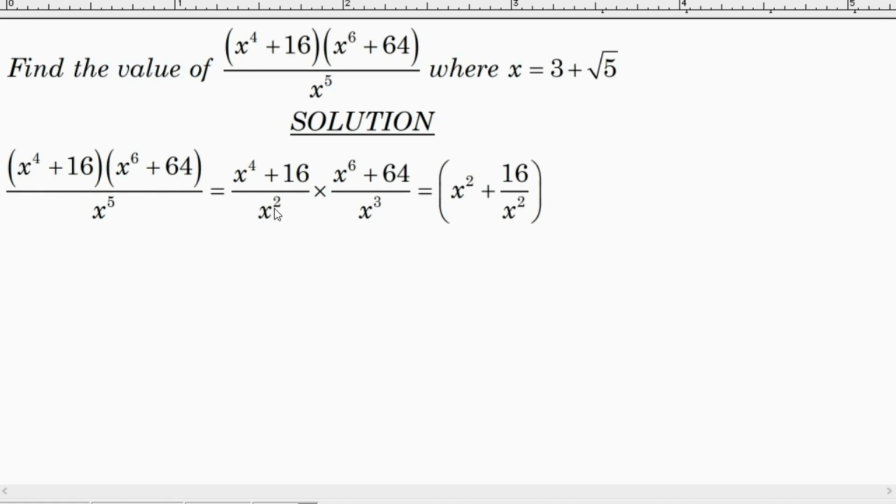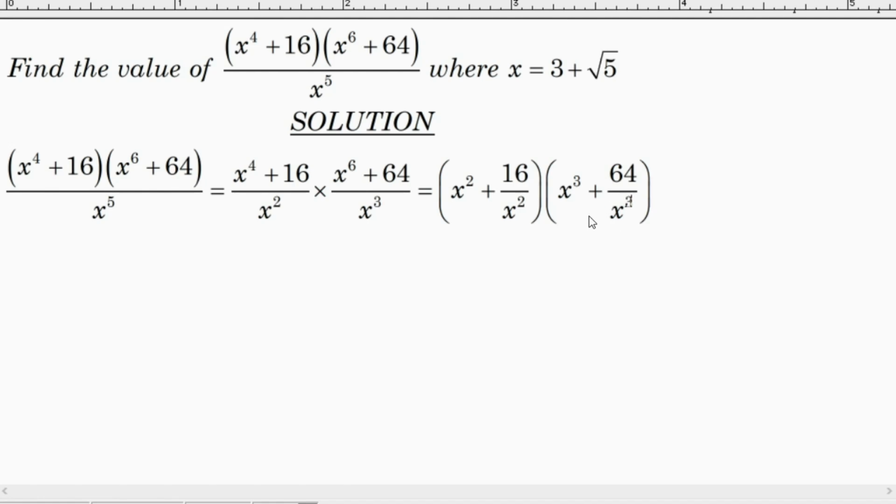What we have done here is separate each fraction into two terms. x to the power 4 divided by x squared equals x squared, and 16 divided by x squared stays; the same here, x cubed plus 64 divided by x cubed.